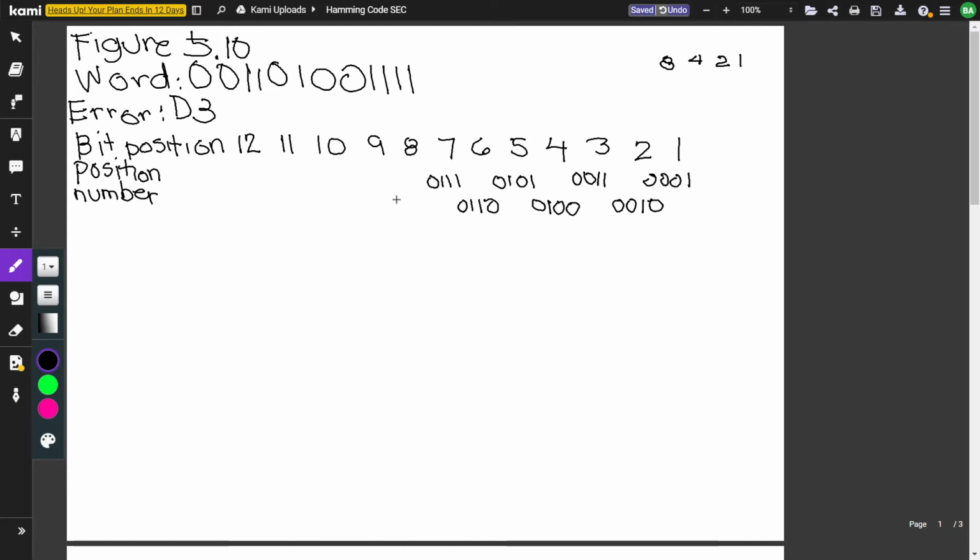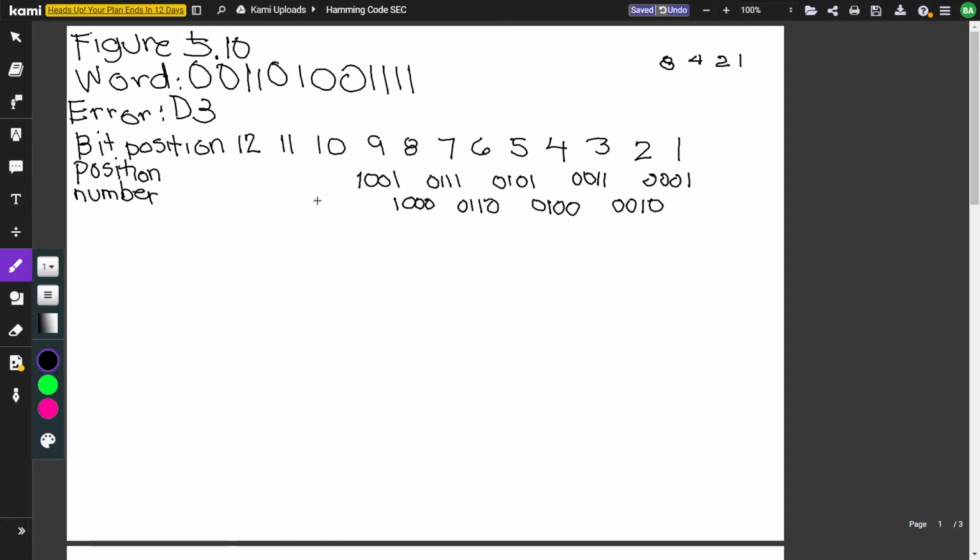Next is 8, which is 1000, so the most significant bit is 1. And then 9 is 1001, 8 plus 1 is equal to 9.